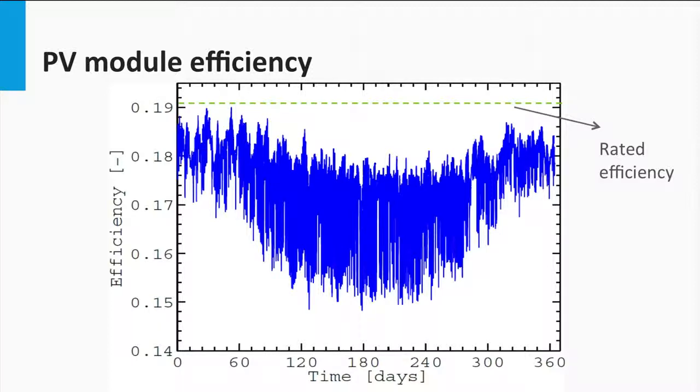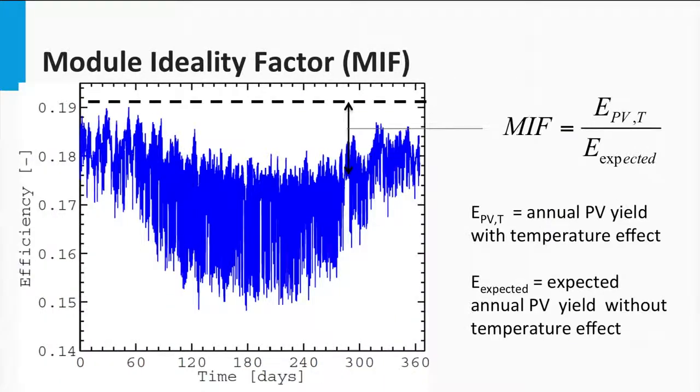So you see, temperature effect cannot be underestimated as it can turn out to be the biggest reason for a low PV yield. The PV module considered here was a commercial polycrystalline module, and the module's parameters were taken from the manufacturer's datasheet. The difference between the expected PV yield with rated efficiency and the actual yield due to the temperature effect gives rise to a module ideality factor.